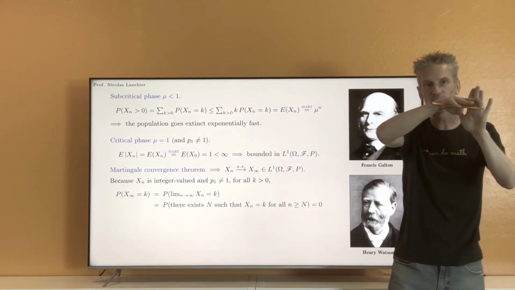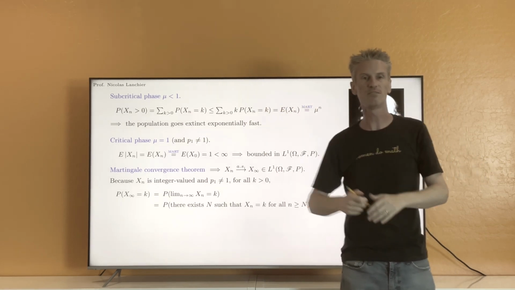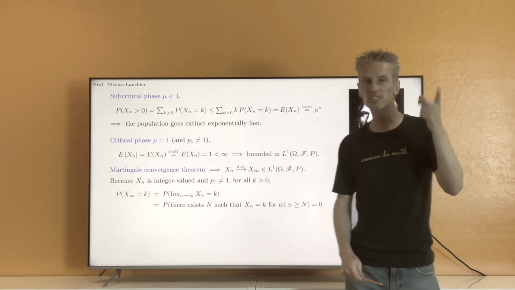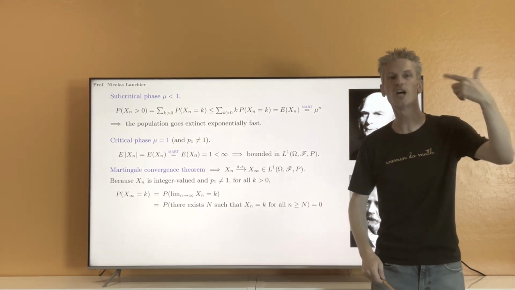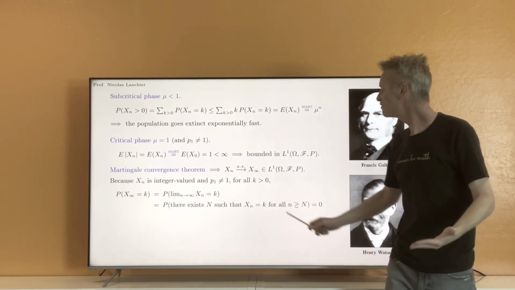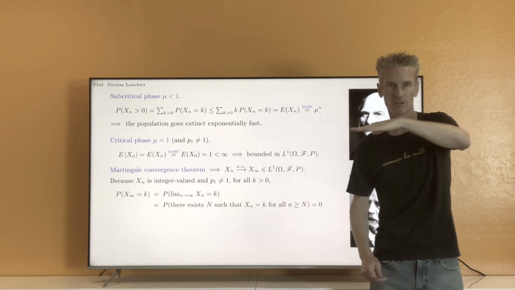It can stay at the value k a little bit, an arbitrarily large number of steps in fact, but eventually, because there is a positive probability that individuals do not have any offspring or have more than one offspring, it's not possible that this Xn does not evolve like that.